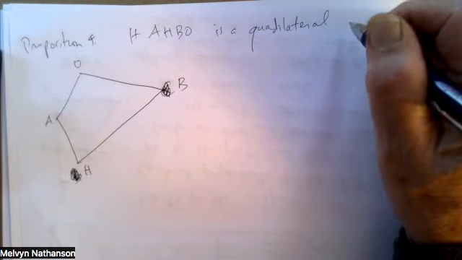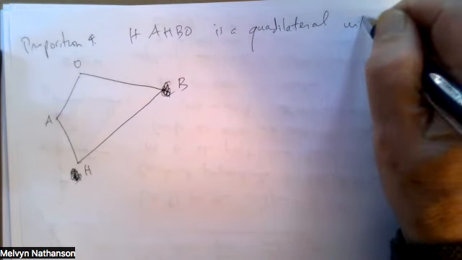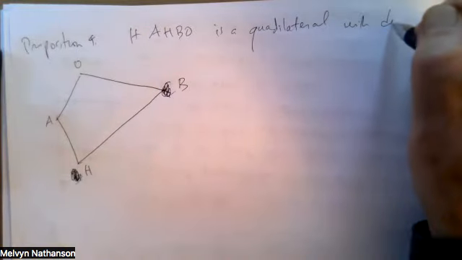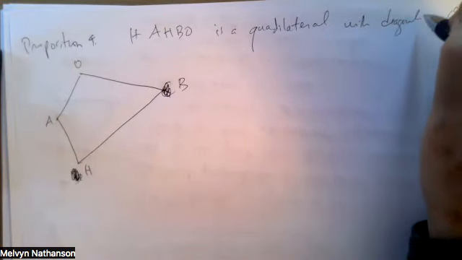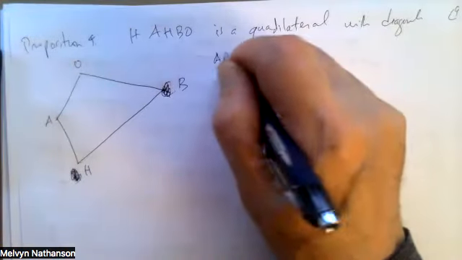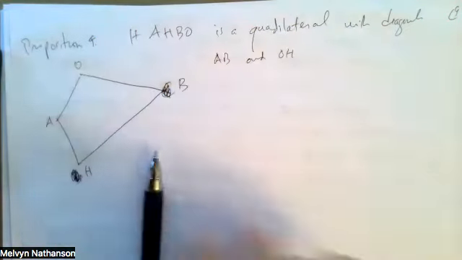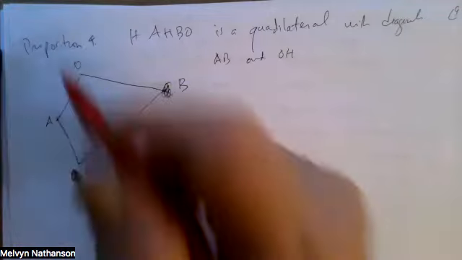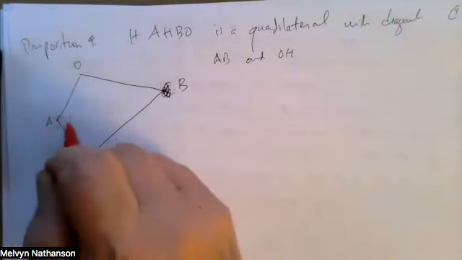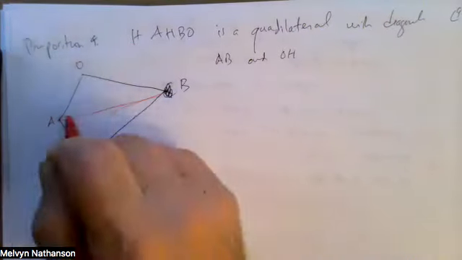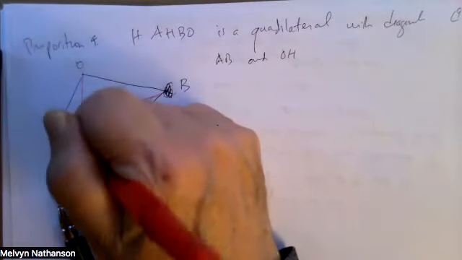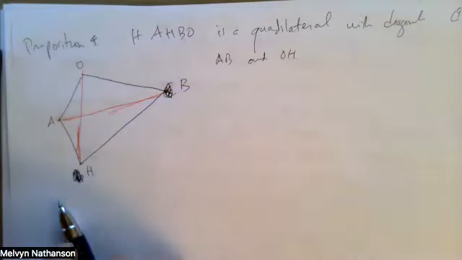If AHBO is a quadrilateral with diagonals AB and OH. So let me draw the diagonals. Here's AB. There is OH.